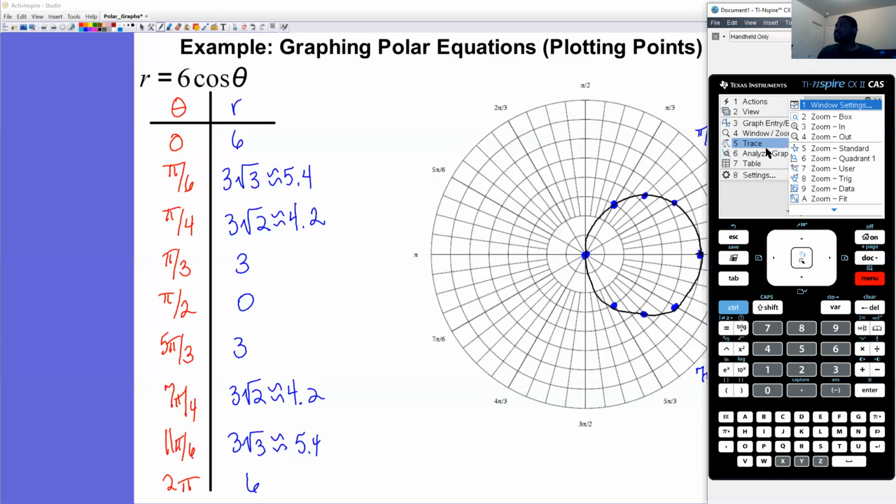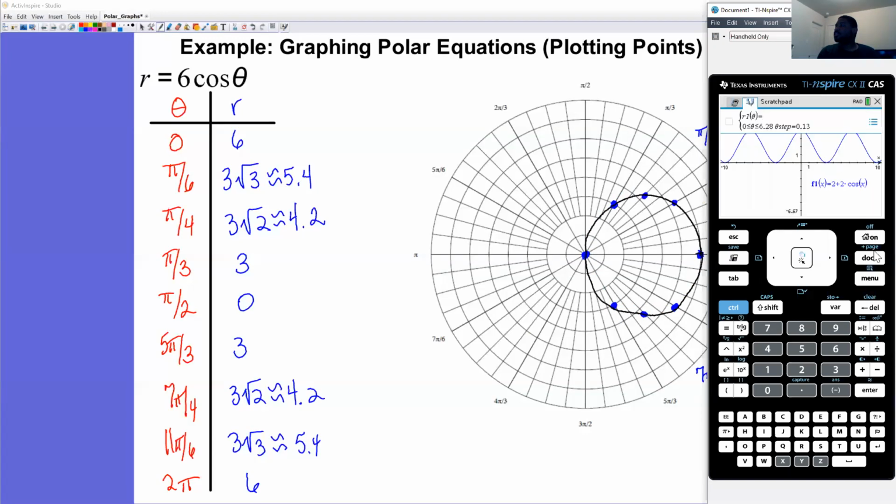So what I'm going to do first is change this to polar and go back to menu real fast and click this equation off, and then go back to menu again for option 3, then 5, and then I'm going to type in 6 cosine theta.